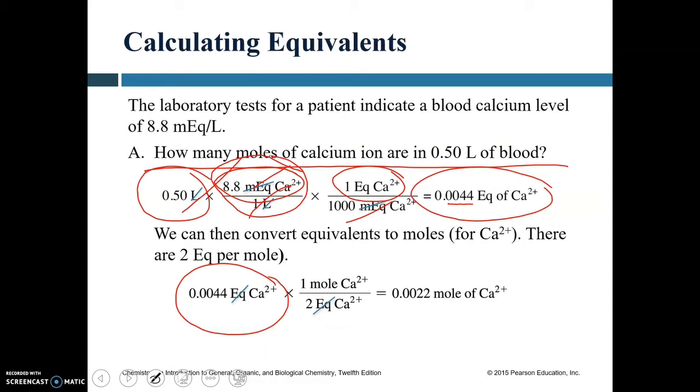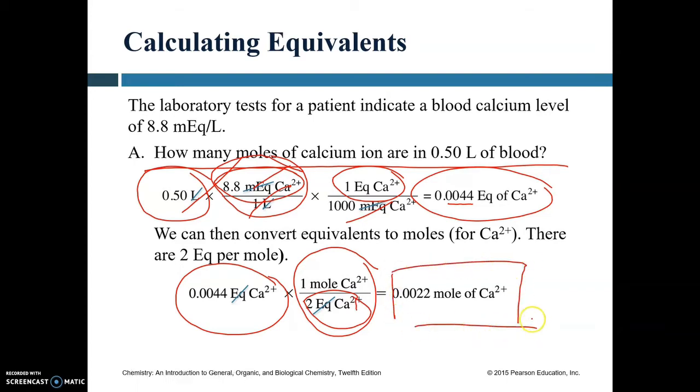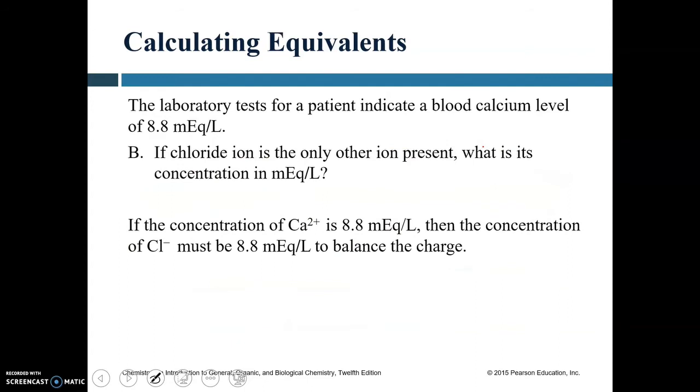Now, we know that for calcium, 1 mole corresponds to 2 equivalents, which means 0.0044 equivalents of calcium can be multiplied by this conversion factor: 1 mole of calcium divided by 2 equivalents of calcium. So the final answer is 0.0022 moles of calcium in 0.5 liters of the patient's blood.